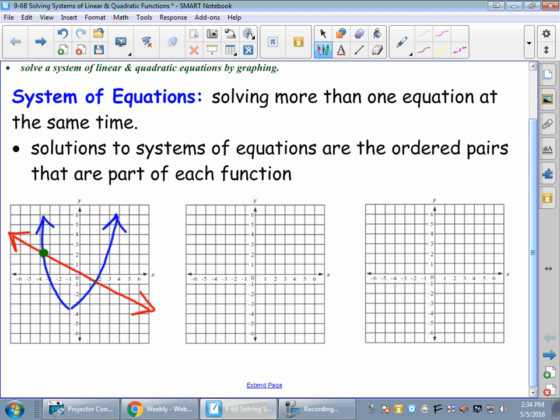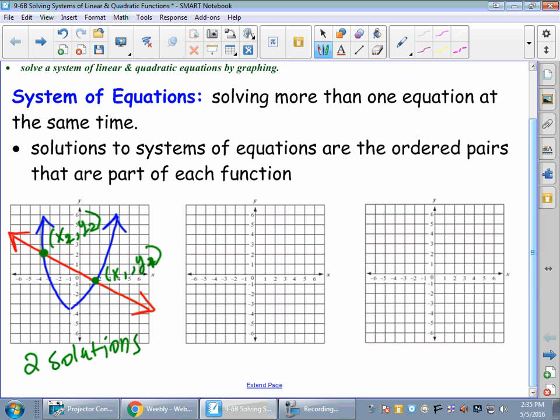The 2 solutions would be the ordered pairs where the graphs meet. So you would give the ordered pairs: your first solution would be this ordered pair, and your second solution over to here, (x1, y1) and (x2, y2).